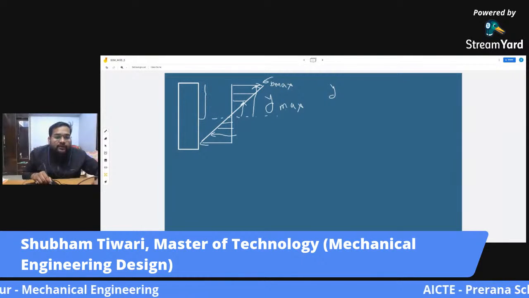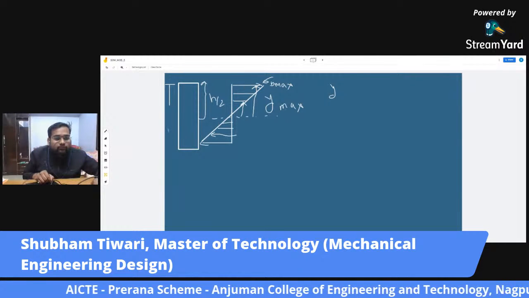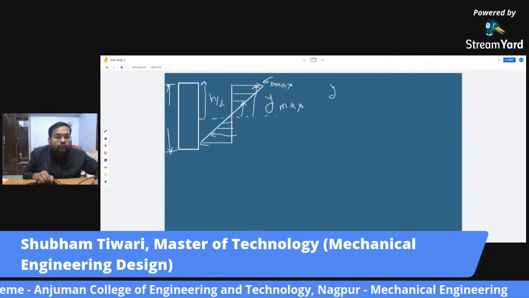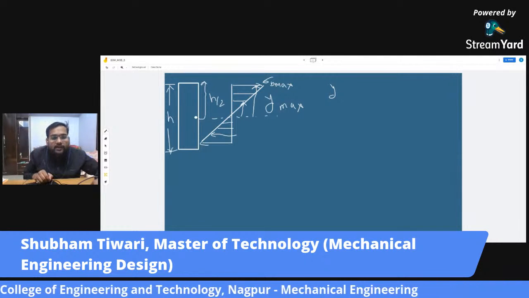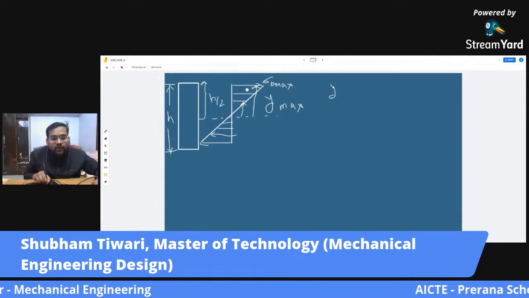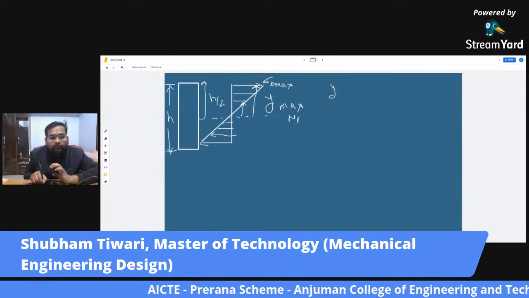Now it has this distance h by 2, because its total height is h, and this is h by 2. So this is y max. This is the maximum distance of the top layer. It is the distance of the topmost layer from the neutral axis.